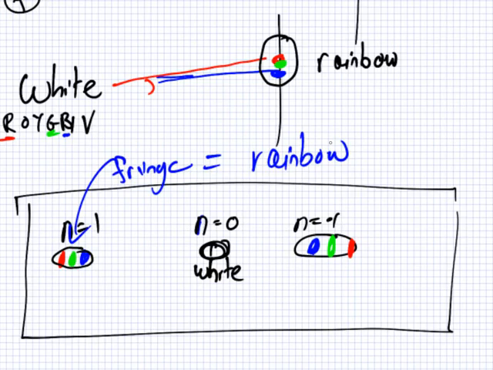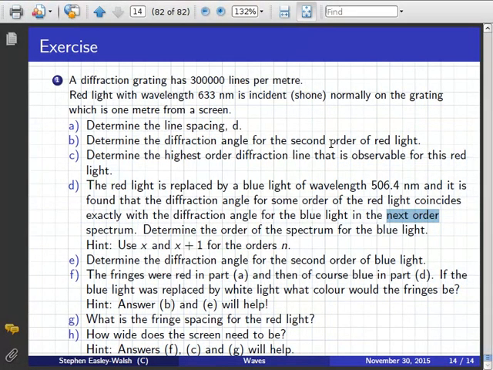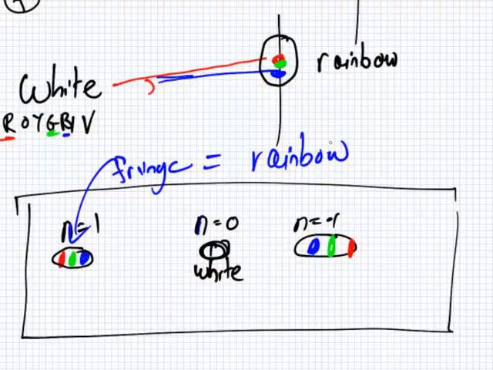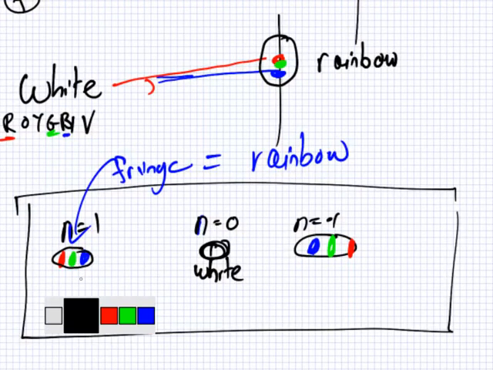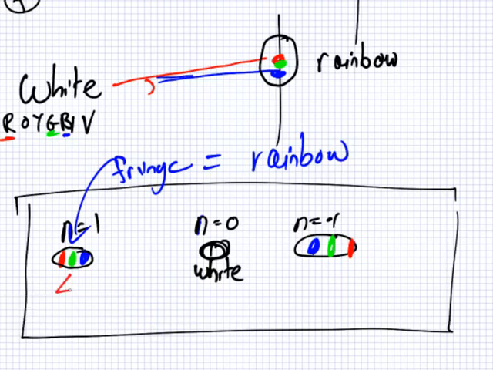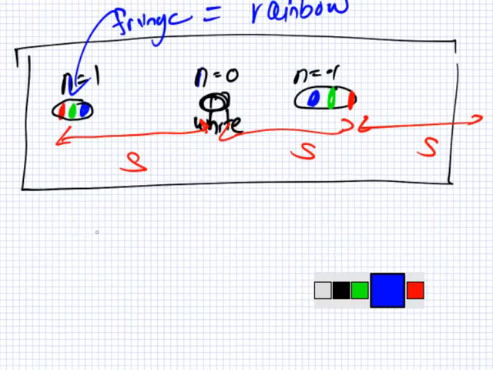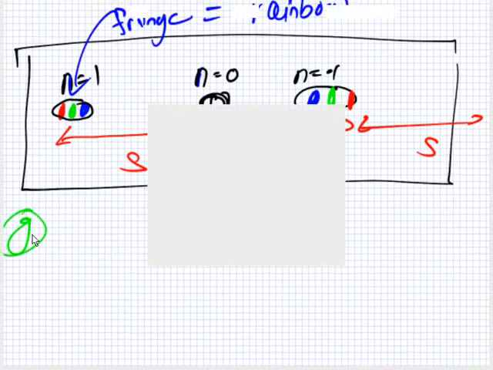Okay, and what is the fringe spacing for the red light? So how far apart are the red fringes? So that's S, and then there's an S again. So the formula, I think this is G now, isn't it?